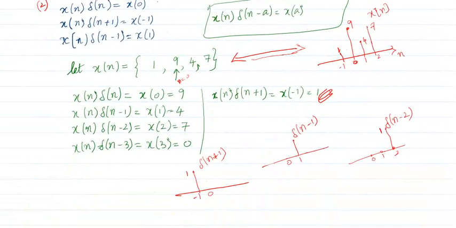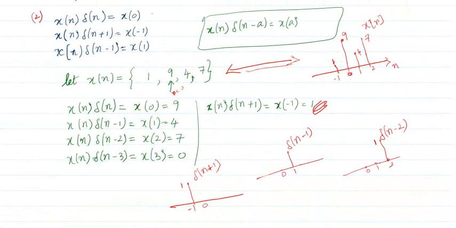Let me take x of n as 1, 9, 4, 7. This arrow indicates the point n equal to 0. I can draw this graphically. At n equal to 0, what is the amplitude? 9. At n equal to 1, the amplitude is 4. At n equal to 2, the amplitude is 7.